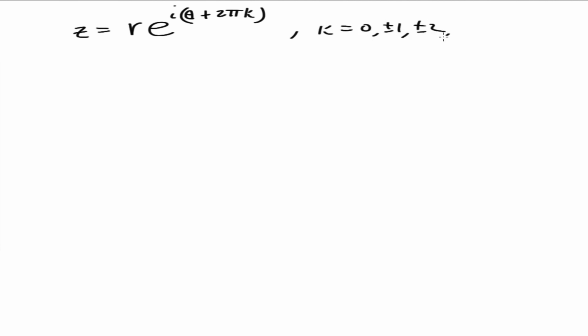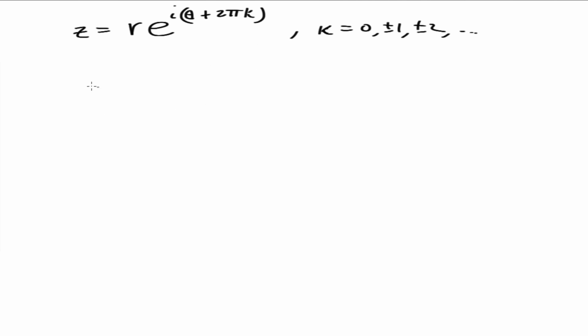Again, we have z, and we're going to represent it in its full multiplicity, r e to the i theta, where theta is the principal value, plus 2 pi k. Where k, of course, is 0, plus or minus 1, plus or minus 2, and so on and so forth.